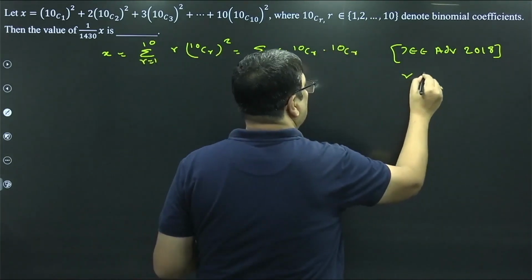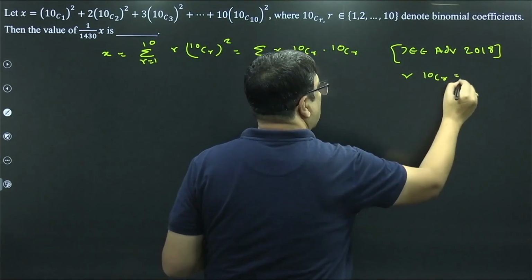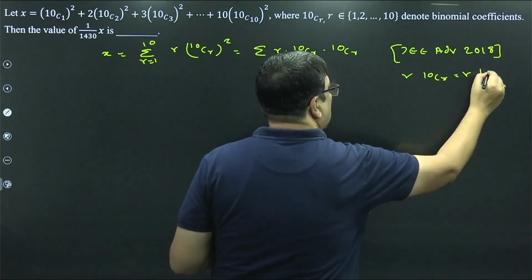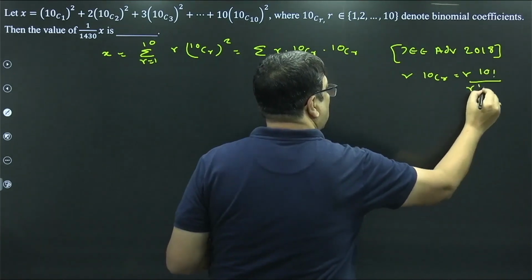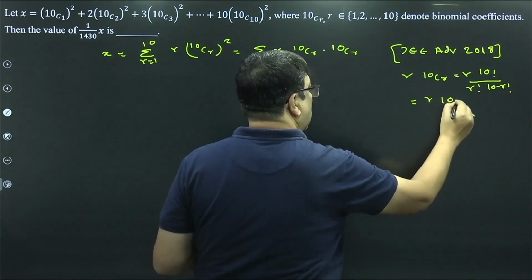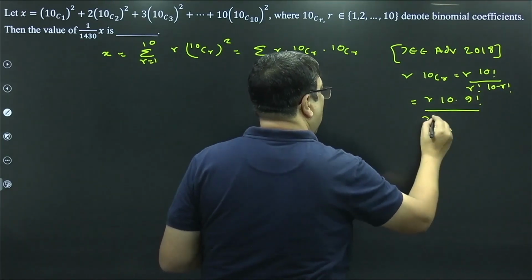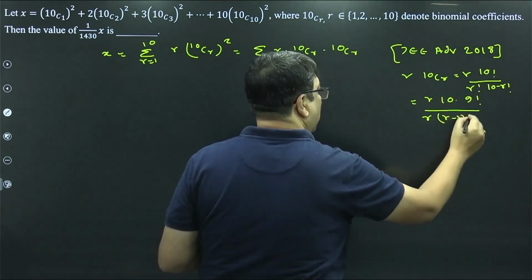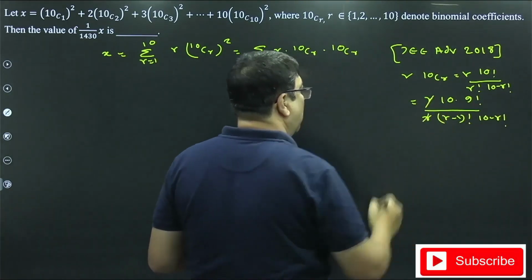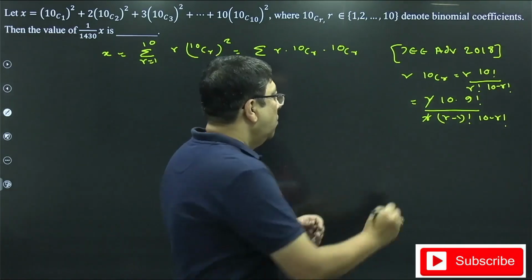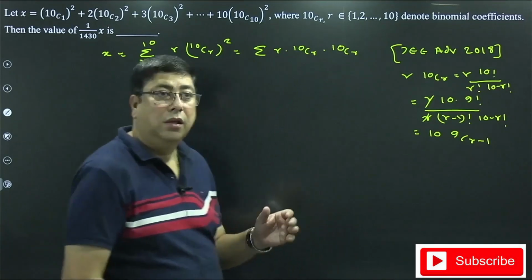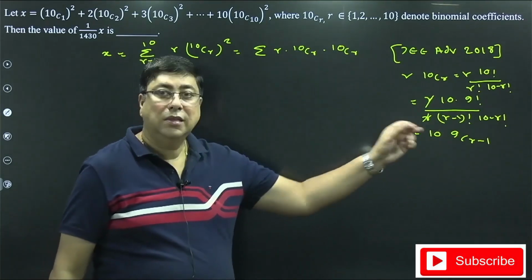So r into 10cr can be written as r into 10 factorial by r factorial into 10 minus r factorial. This can be written as r into 10 into 9 factorial by r into r minus 1 factorial into 10 minus r factorial. So if we calculate, this is coming 10 into 9c r minus 1.